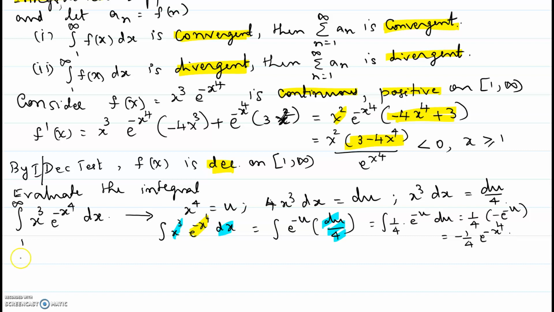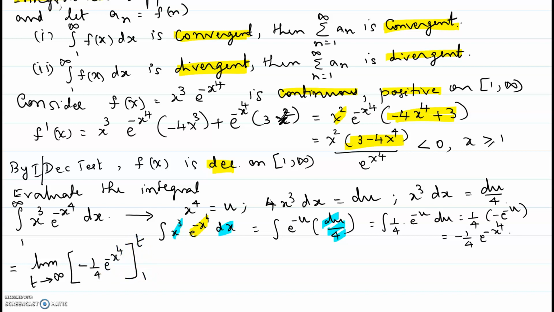So we can write this finally as the integral from 1 through infinity, and this can be written as a limit. Applying the improper integral techniques, the limit as t approaches infinity of what we evaluated already, which is negative 1/4 e to the negative x to the power 4, evaluated from 1 through t.